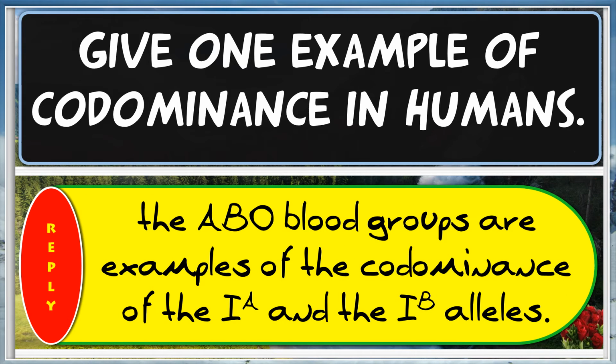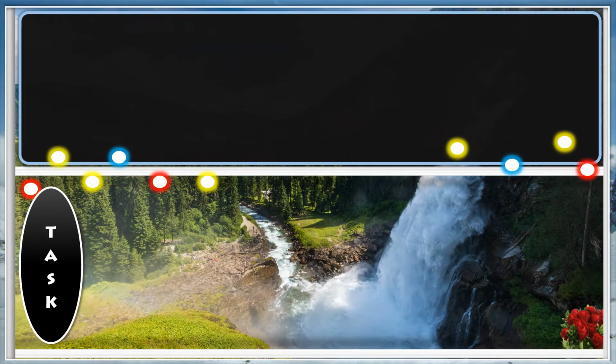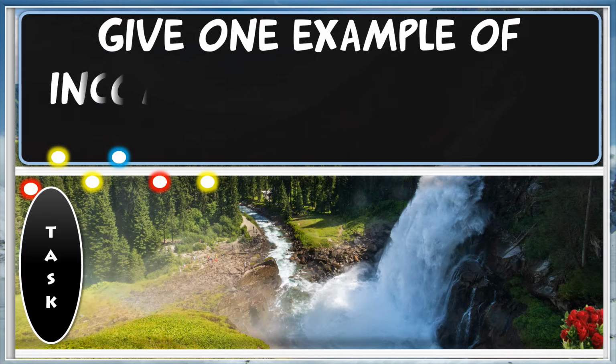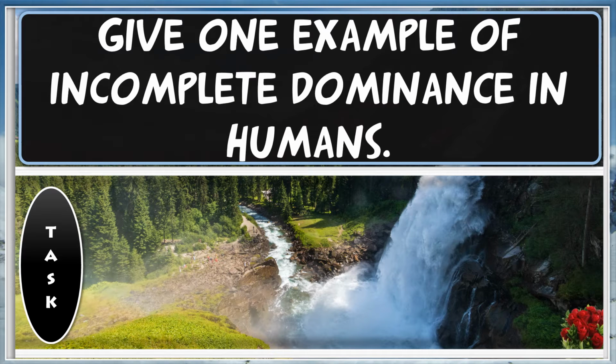The A, B, O blood groups are examples of the codominancy of the allele A and allele B. Give one example of incomplete dominancy in humans.